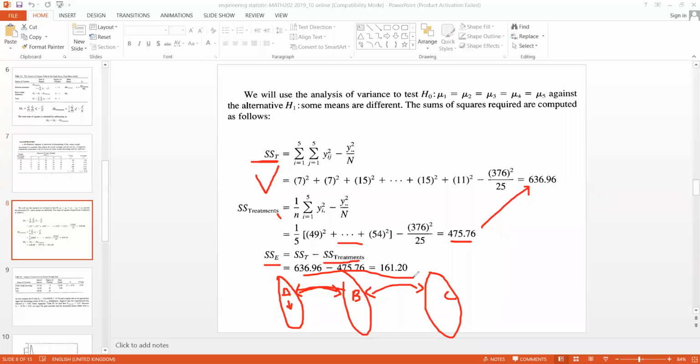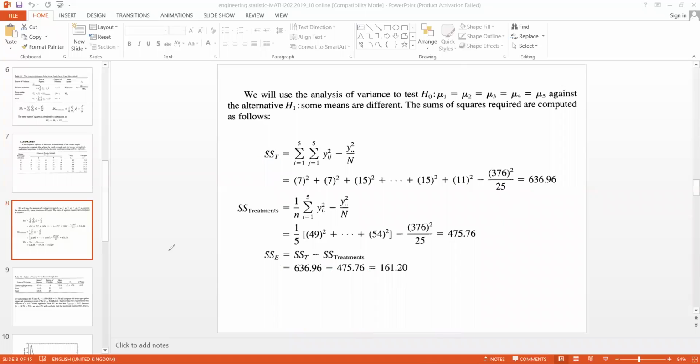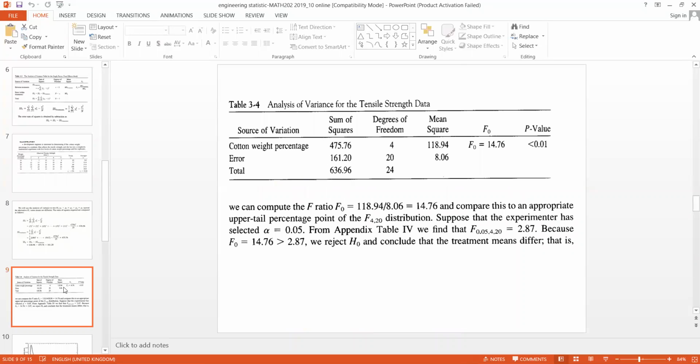Good. And once you get the sum of squares error to be 161.20, what's next? After you've calculated this, the next thing to do is to construct your ANOVA table. In constructing the ANOVA table, like we said, the first header will be the source of variation. Our variation is due to the treatment we are looking at, which is the percentage of cotton.